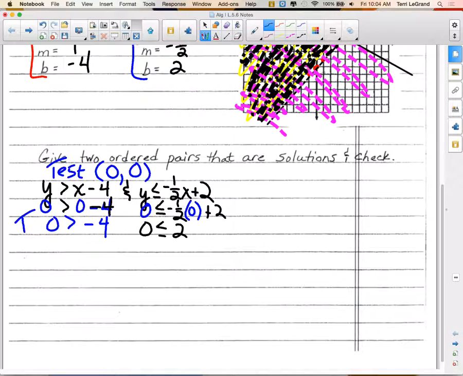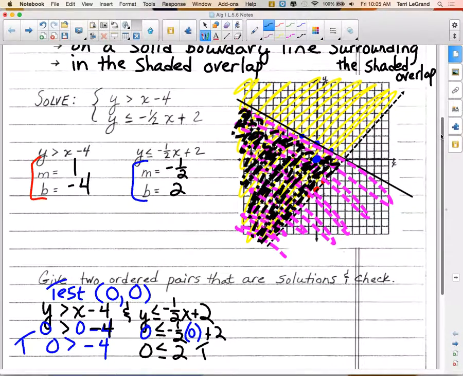And is that true? That one turns out true also. So since they both turn out true, it appears that I have a good overlap region, a good solution region. Well, I say that we have to give 2 ordered pairs and check. So I want us now to pick one that does not come from the shaded region, but instead comes from a boundary line that surrounds that shaded region.